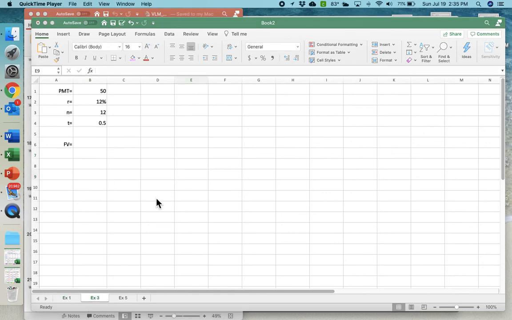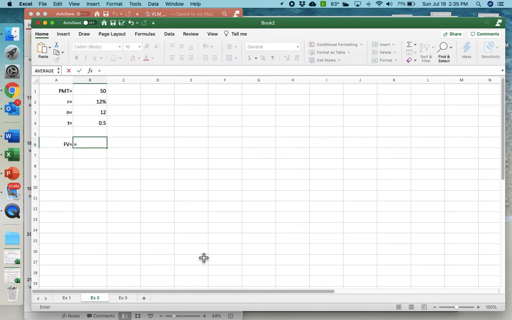We have a payment of $50, a rate of 12%, N is 12, and T is half a year. So we got equals, and our payment, select there, times. Then we've got a lot of parentheses here. We need a parentheses around everything we're getting ready to do.